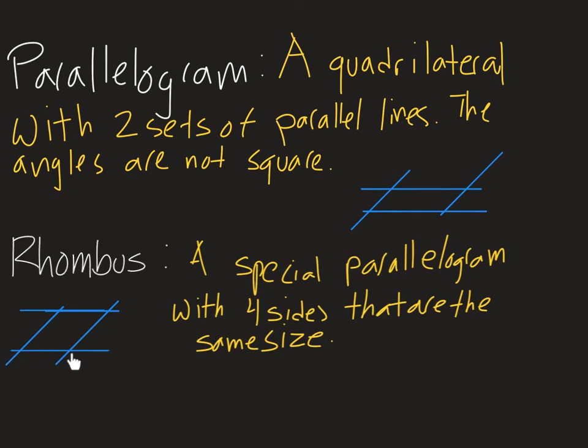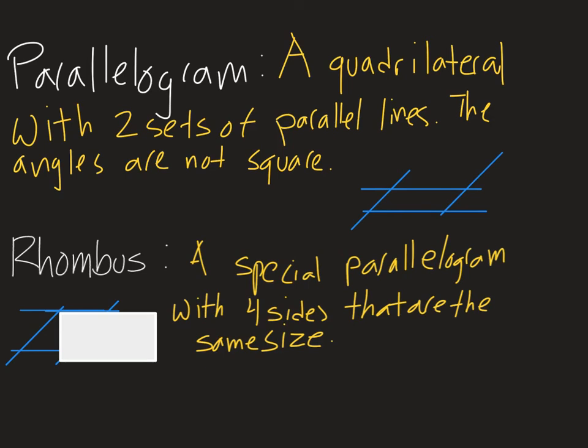On the rhombus, the lines are the same size, and just like the parallelogram, the angles are not square. If we took a rectangle or a square and we put it up to the angle, it doesn't fit perfectly in. You can see there's a gap there.